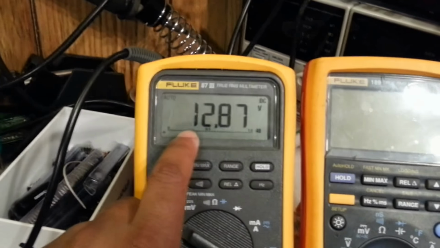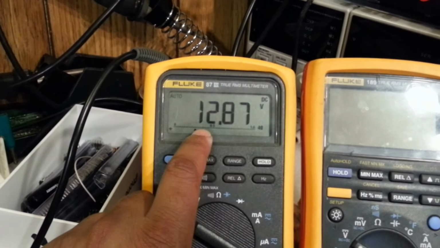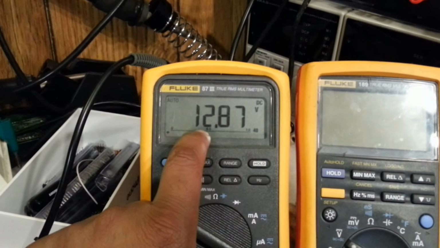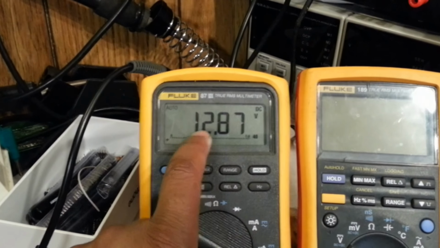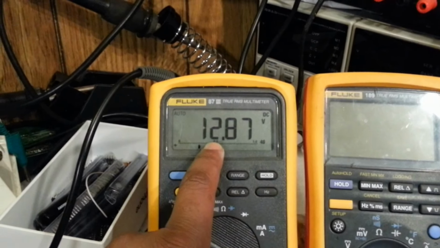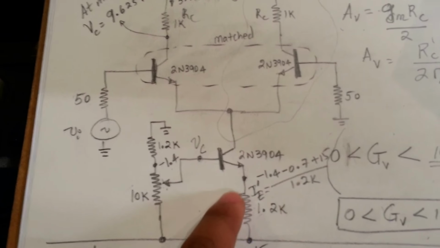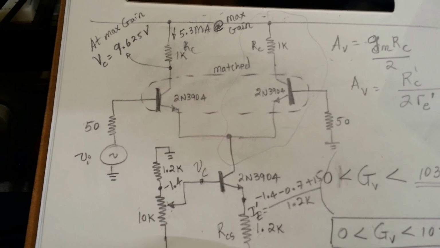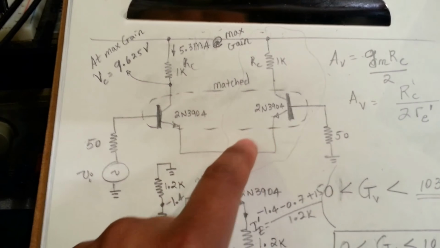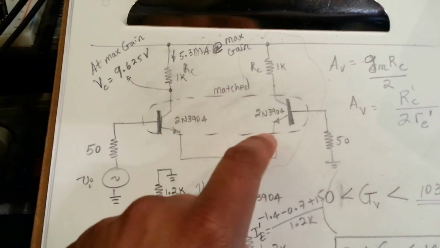So at the current that we're monitoring right now, which is across the 1.2k ohm resistor, slightly over 10 milliamps flowing in here, which divides equally between these two.